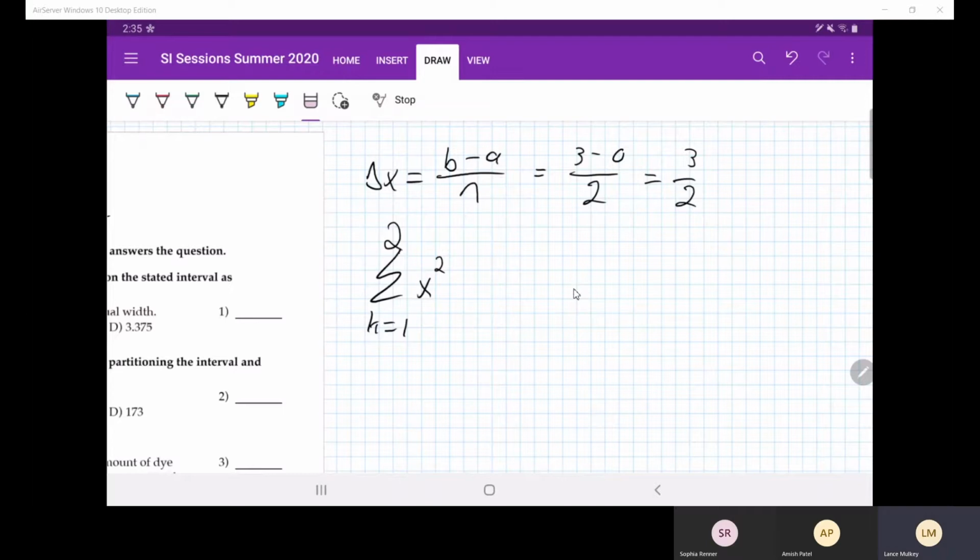Anyway, the formula, yeah, I forget how to set that up. All I know is you need delta x. I'm just going to do delta x. I'm pretty sure that's it.